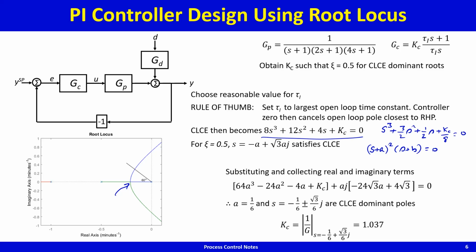Maybe I take the derivative of this guy, so it will be 3 s square. Yeah, because at the repeated root the derivative of the polynomial disappears.